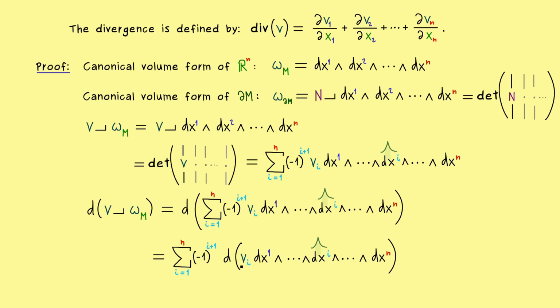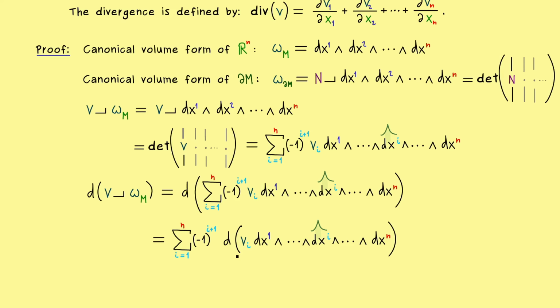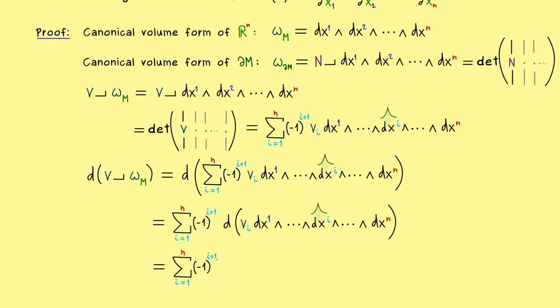And the calculation here is not complicated at all, because we can use the general sum formula we have, but we already see that only one partial derivative of vi remains. Namely, it has to be the one with respect to the xi component. Simply because dxi is the only one form missing in our wedge product here.